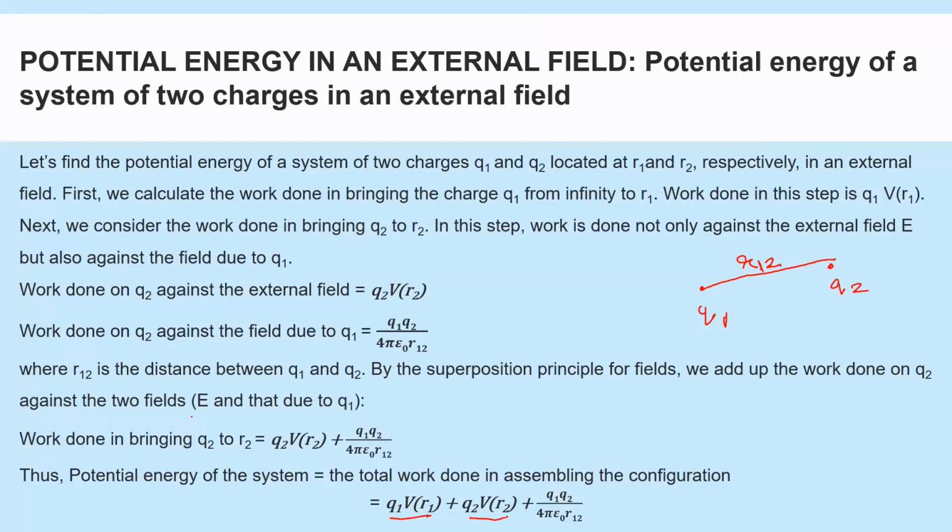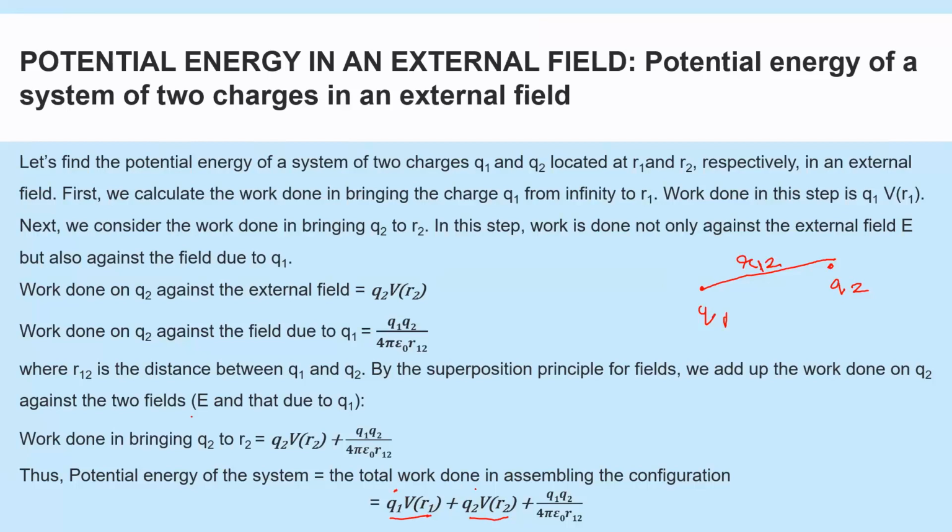Q2 V of R2 is the work done on Q2 in getting it from infinity to the point R2 against the external field.